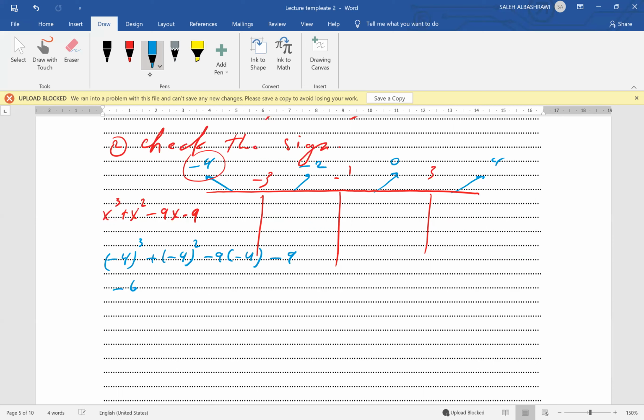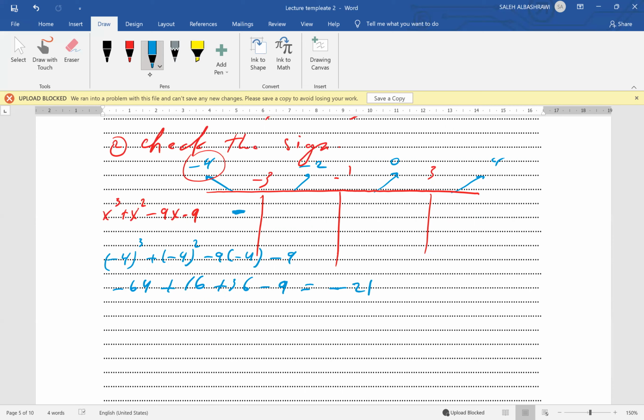This is equal to minus 64 plus 16 plus 36 minus 9. And you can see this is a negative number. It is minus 21. The sign is negative.